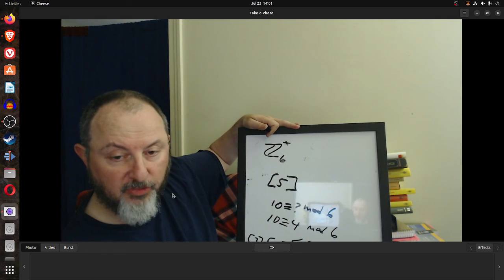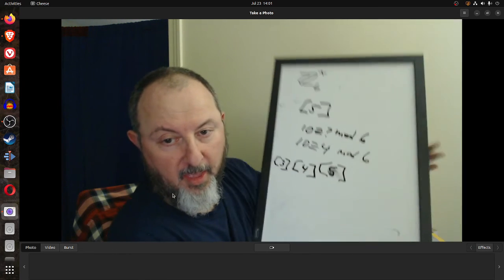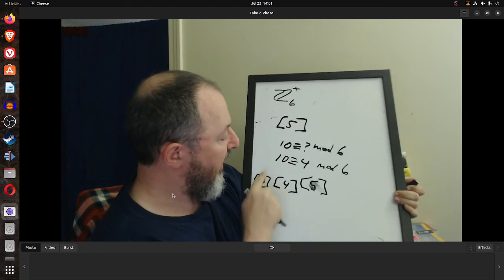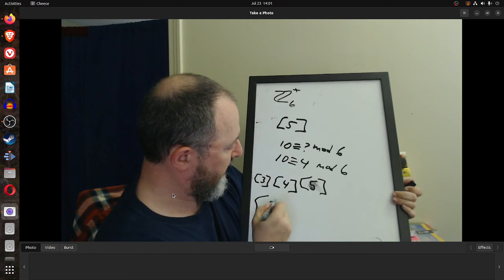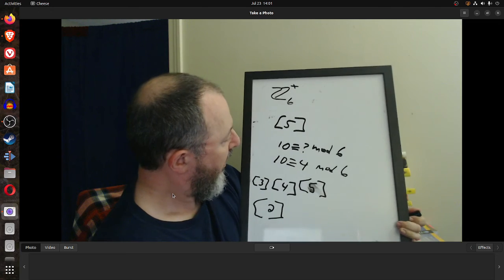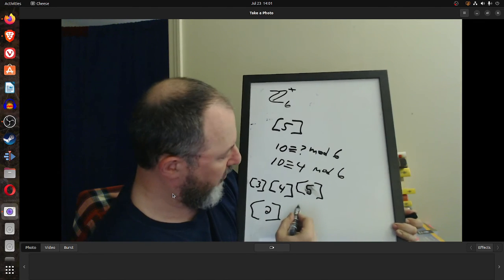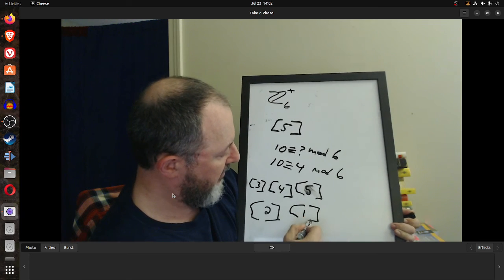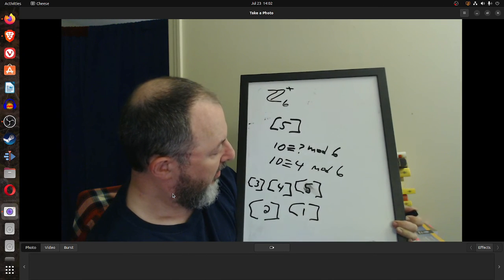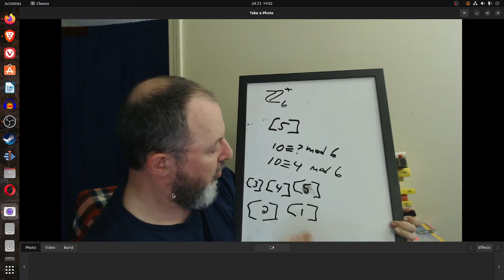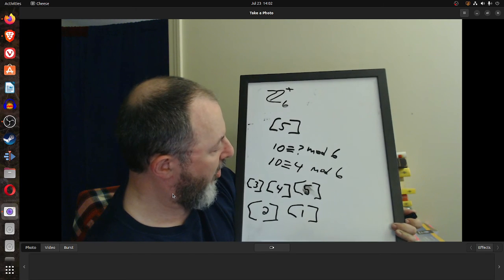Add 5 to 3, that's 8, congruent to 2 mod 6. Add 5 to 2, that's 7, congruent to 1 mod 6. And lo and behold, you're generating the whole group.